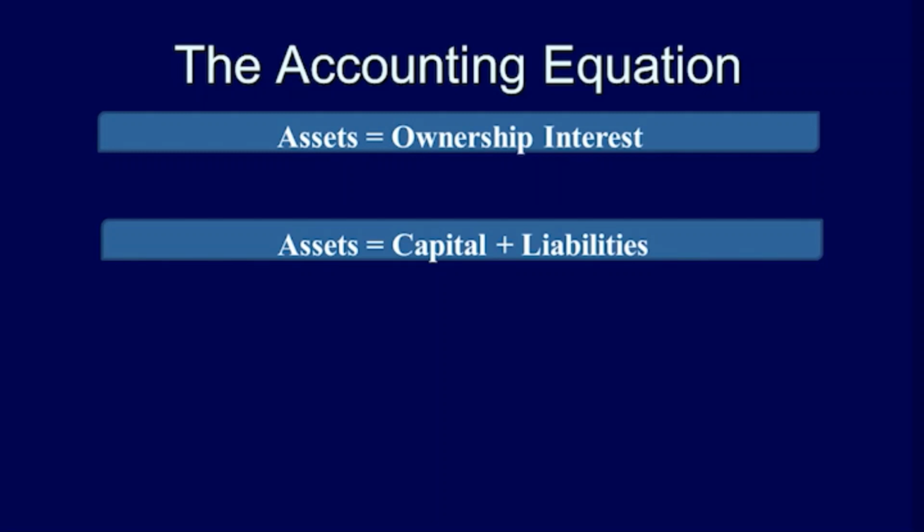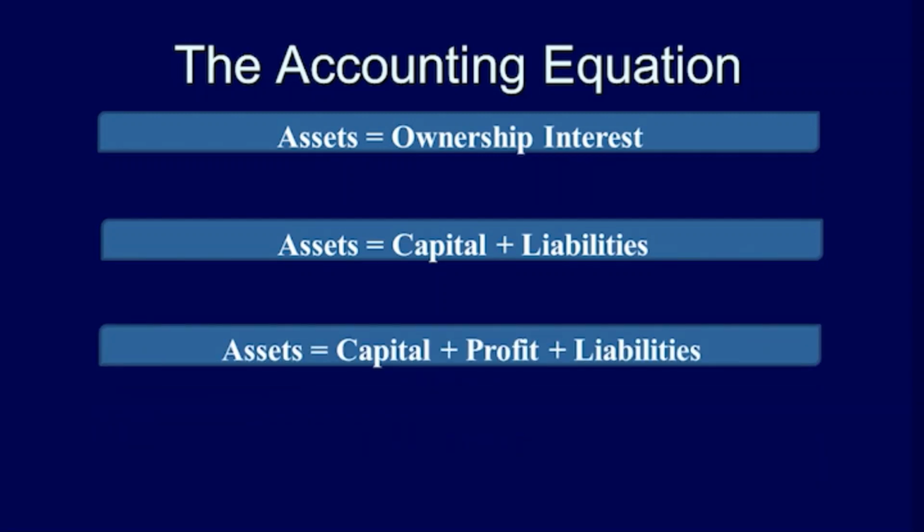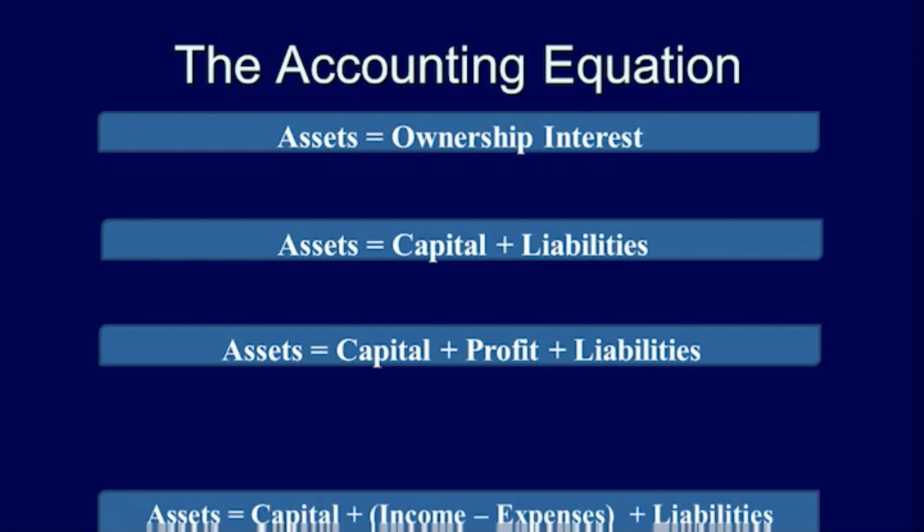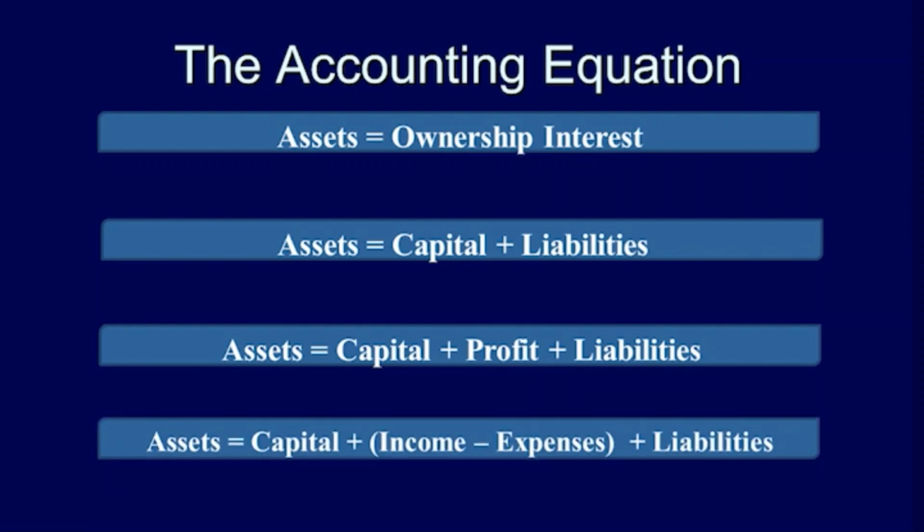Accounting profit is equal to income minus expenses. Profit earned by the business should belong to the party who introduced capital. The same accounting equation can be extended as assets equal capital plus profit plus liability, or assets equal capital plus income minus expenses plus liability.